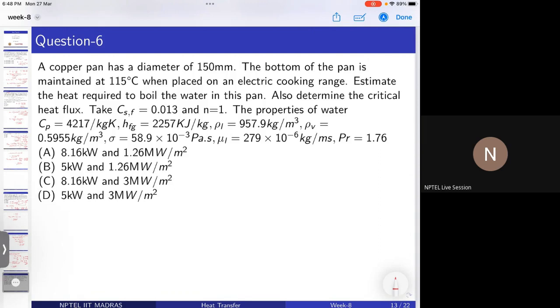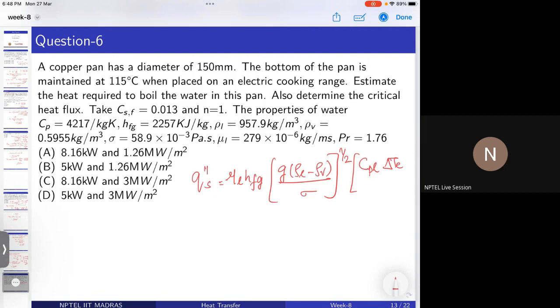So the Rosenow's correlation: the surface heat flux is mu L, which is the viscosity of the liquid, times HFG, the latent heat of vaporization, times the square root of g times (rho L minus rho V), that is the density of liquid minus density of vapor, divided by sigma, the surface tension of the liquid, all raised to the half, times Cp, the specific heat of liquid, times delta T, the surface superheat, divided by CSF.